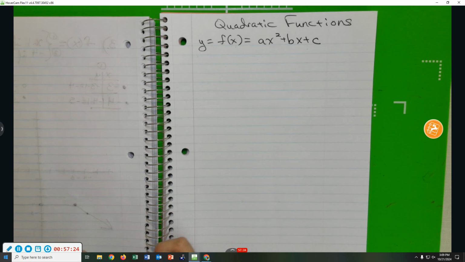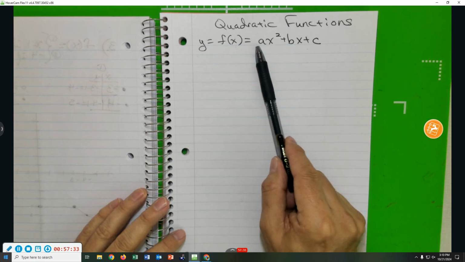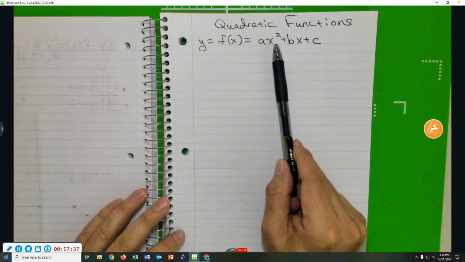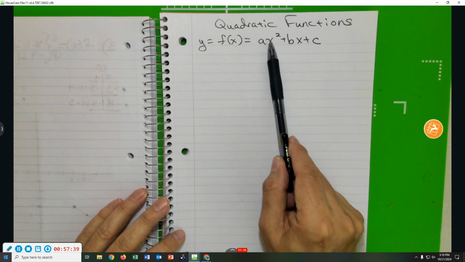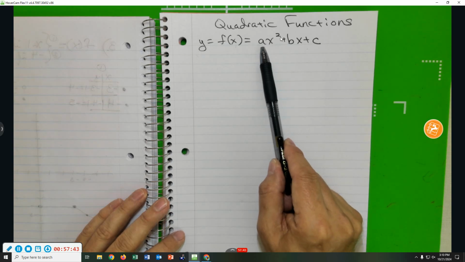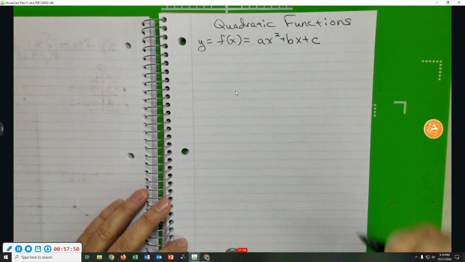When we were defining quadratic equations several weeks ago, we made the remark that the a value can't be 0. If a is 0, 0 times x squared, do we even have an x squared term? No. So you've got to have that x squared term.